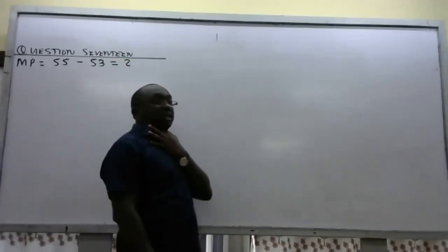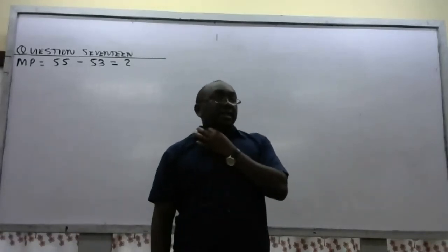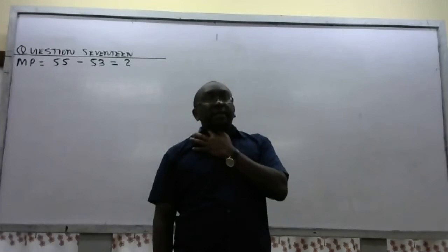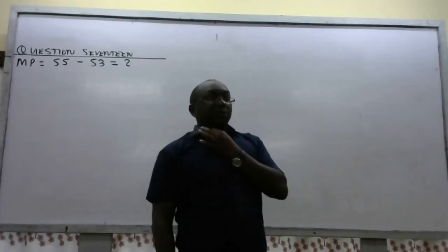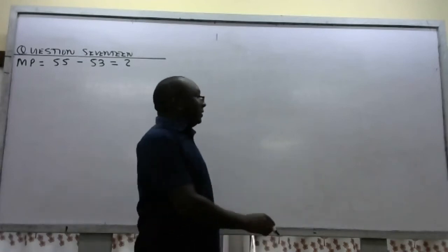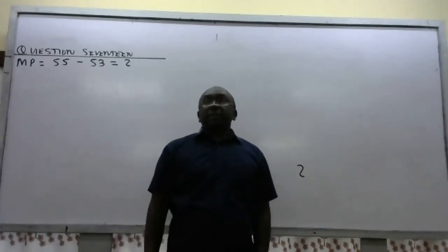Is that true in real life? Anyone who has some experience in retail? How much does a retailer make when they sell one packet of milk? 5 shillings? You don't have the experience in retail. It is 2 shillings. 2 or 3. Not even 3.